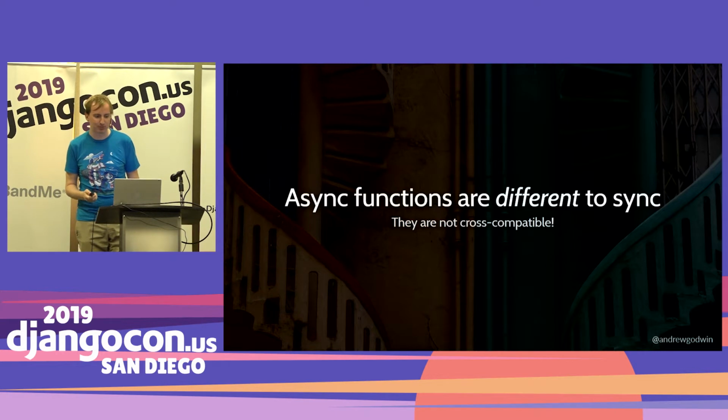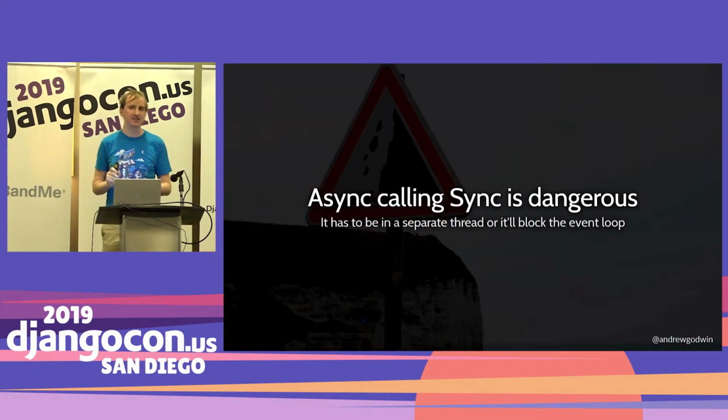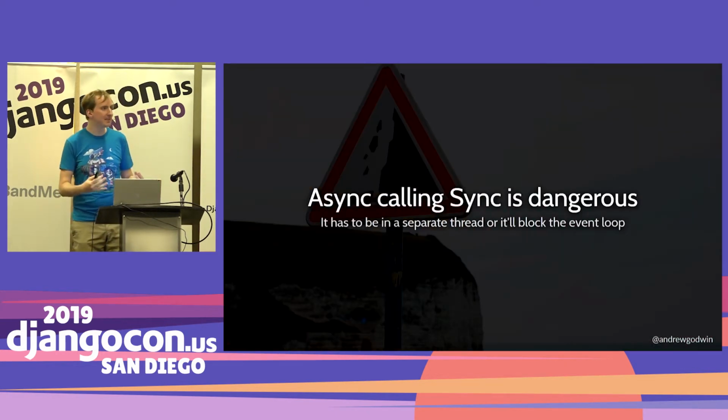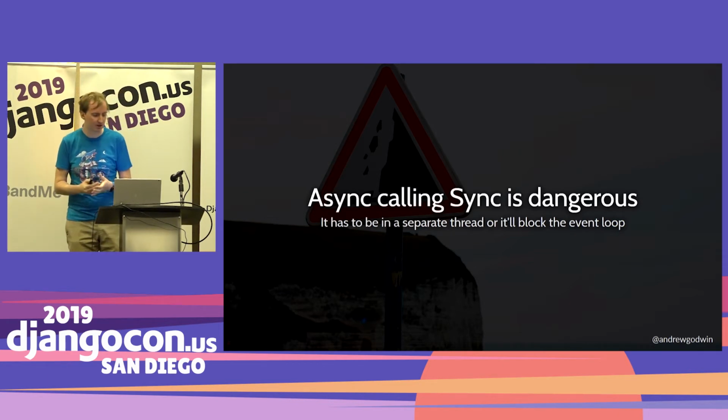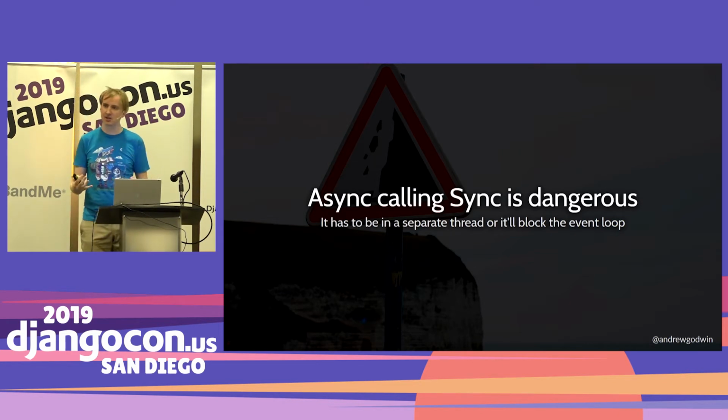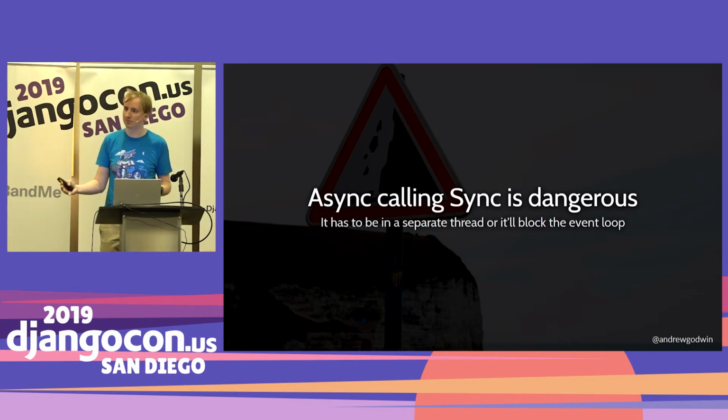And to add to that problem, if you do it wrong, it's dangerous. If you're in an asynchronous thread, and as I mentioned, it's cooperative, so it's your job to do the minimal amount of work and then yield when you're waiting for I/O. If you have naive synchronous code in that coroutine that synchronously goes and does a blocking fetch, you've just locked up the entire event loop for that second or 2 seconds that remote web call takes.